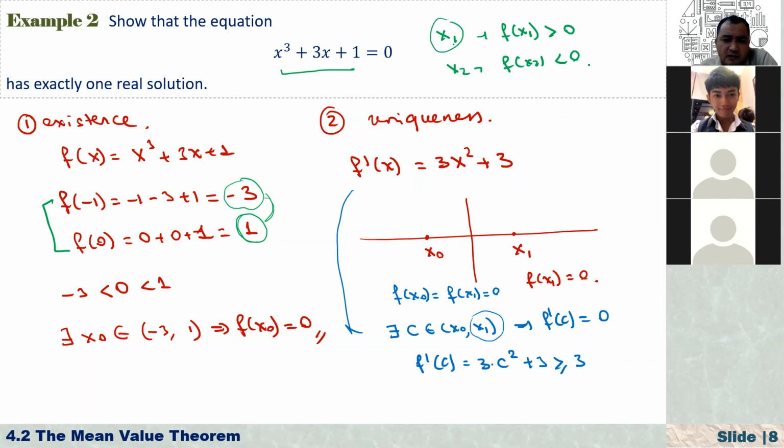It can be negative one, negative two, negative three, anything. But simply, negative one comes to my mind. If you calculate the value of the function, f of negative 1 is equal to negative 3, and f of 0 is 1. Between negative 3 and 1, we have 0. And according to the theorem, there must be one value where the value of the function is 0.